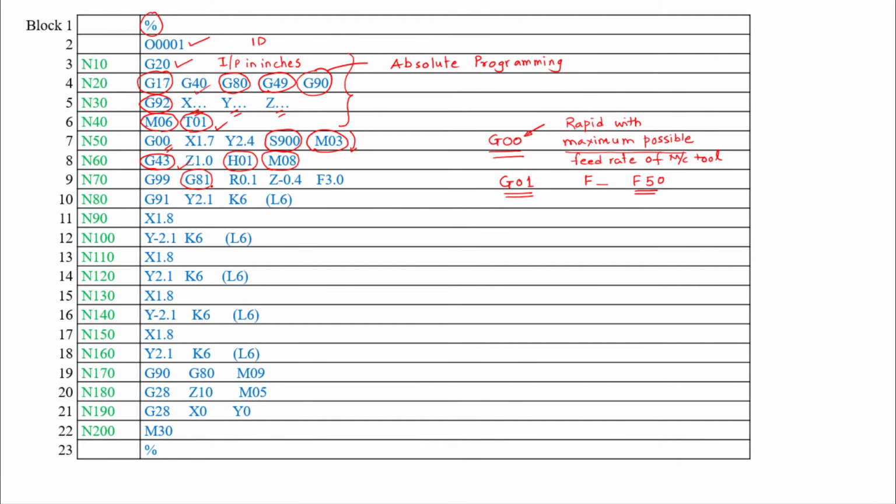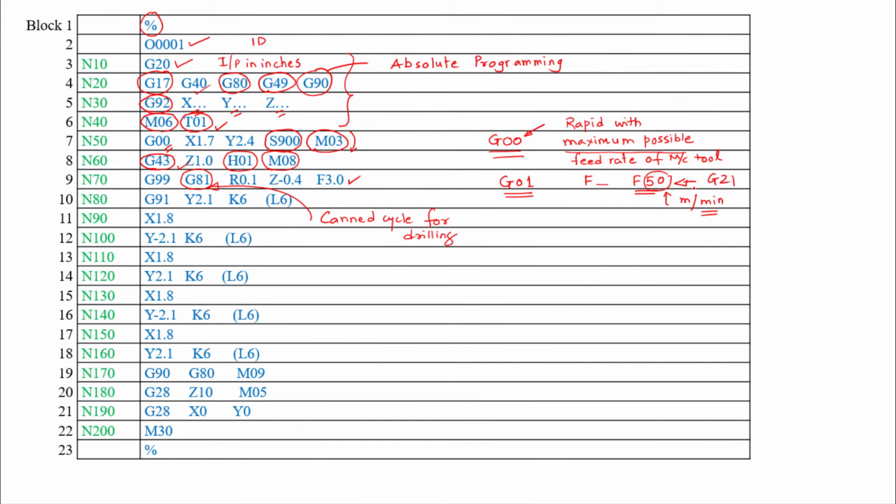The drilling operation would be done by using a command, that is G81. It is the canned cycle for drilling. So we will see the syntax of the canned cycle. The meaning of R, Z, F: F is the feed. As we have activated G20, that is input in inches, naturally the F word would be in inches per minute. If it is G21, then the value would be in meters per minute.